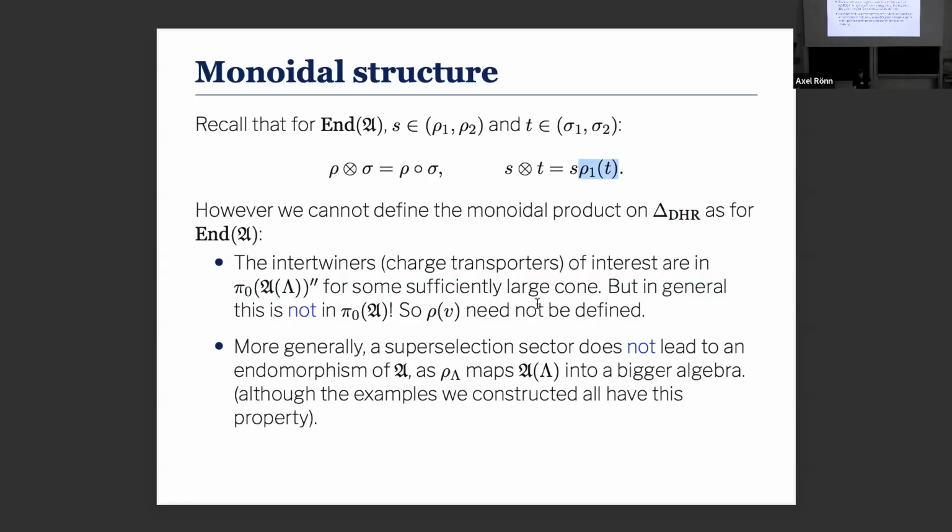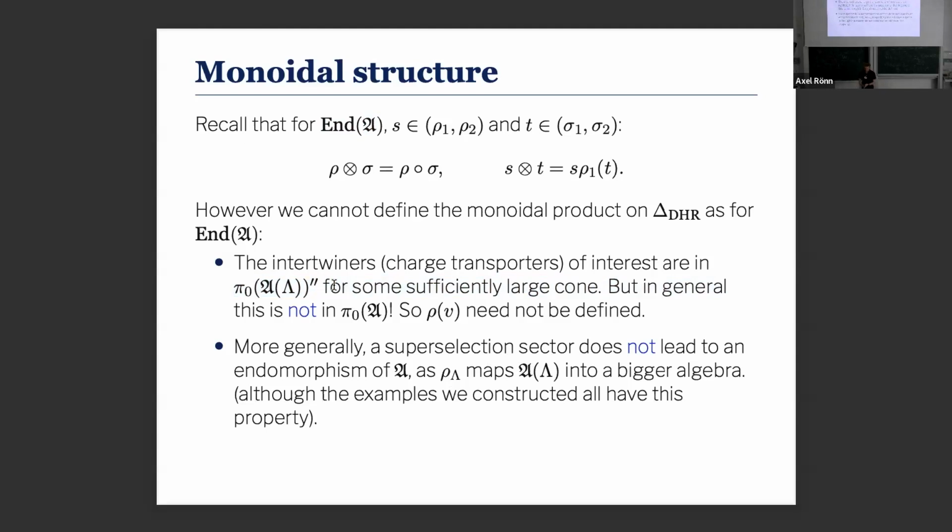Good. More generally, I constructed these maps that are supposed to be the anyons, and the way I constructed them, they were automorphisms of this A. But if you want to go the other way around, so you start with a representation satisfying the criterion, you don't quite get an endomorphism of A, but you get a map that maps A into a slightly bigger algebra.